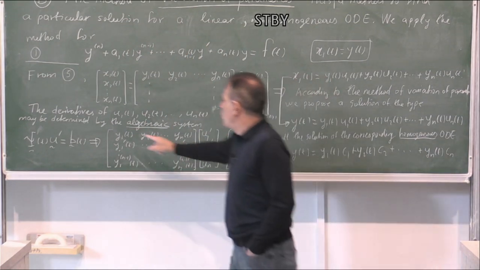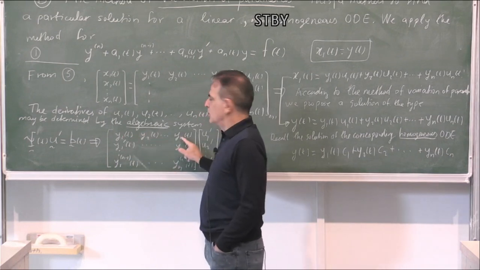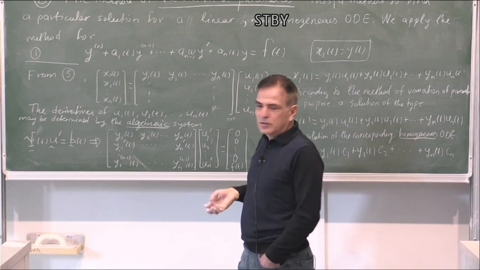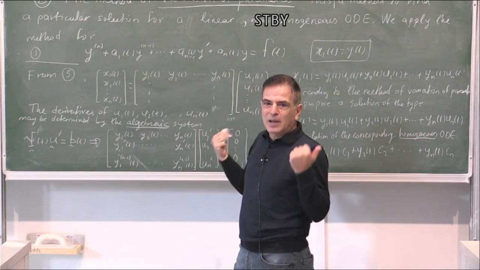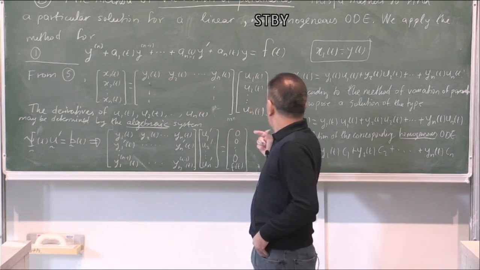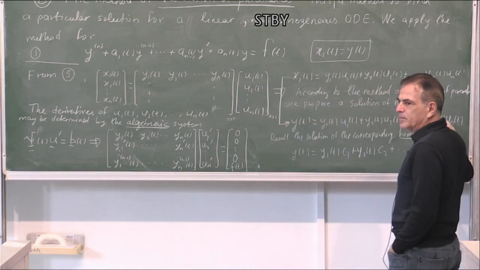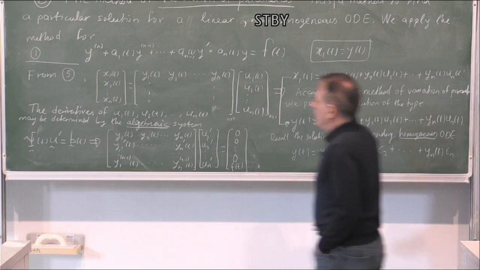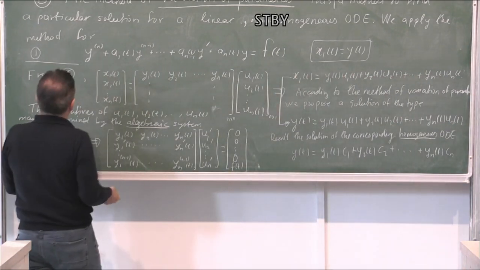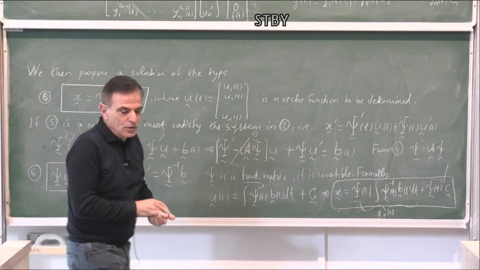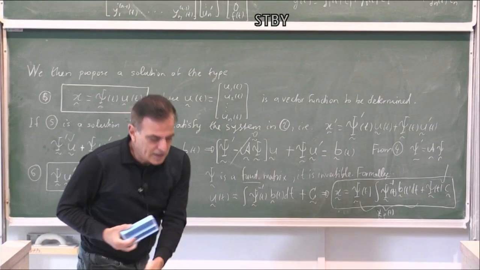So this means that all n linearly independent solutions are very well known. Provided that these are known, we can apply this procedure to find a particular solution of this type. Let's illustrate the procedure in the second order case.